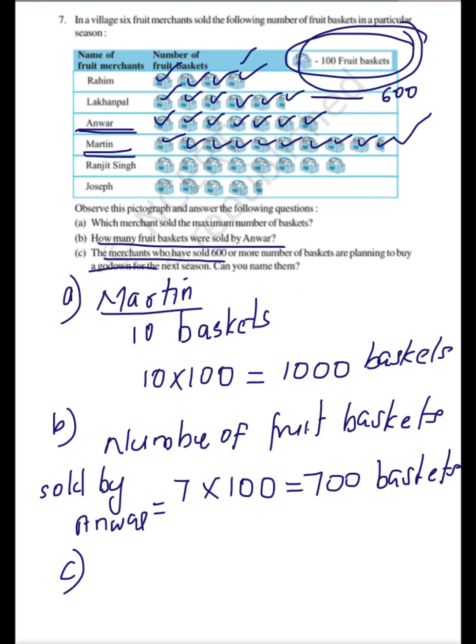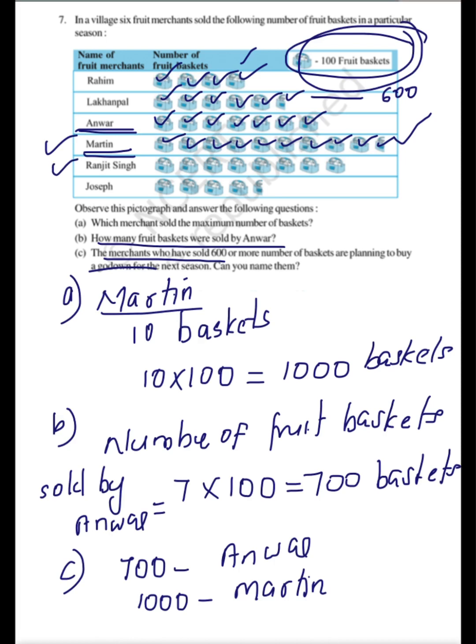Now the next one, Anwar, we have already found, it was 700. So the first person who is going to buy the godown is Anwar. Now the next, Martin, that we have also already counted, that is 1000. So Martin will also be buying the godown.